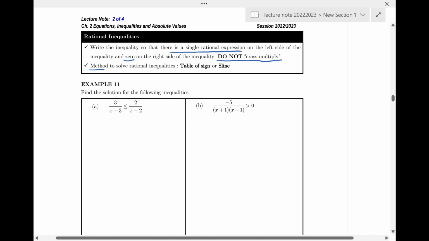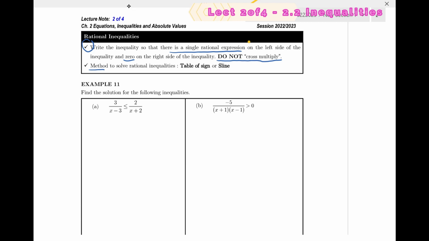We can see a rational expression in the left hand side and also in the right hand side, right? So here, what does the first tip mean? We don't want these two rational expressions in one inequality. We have to make it just one rational expression. So we have to combine these two ratios to become one. So how to do that?